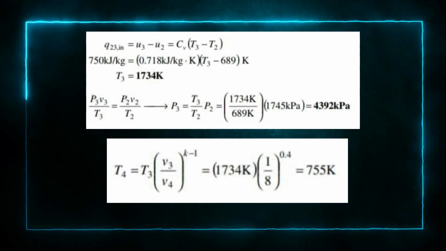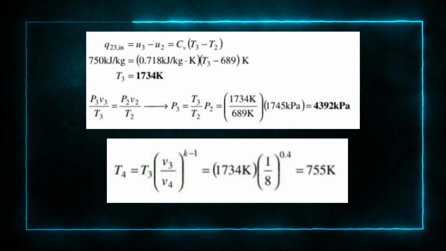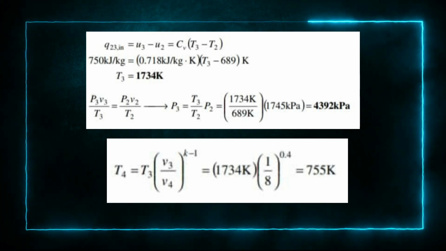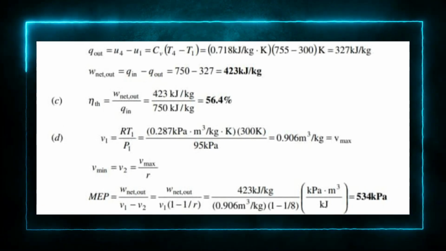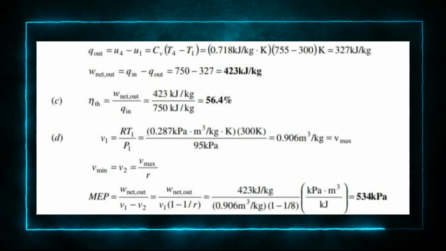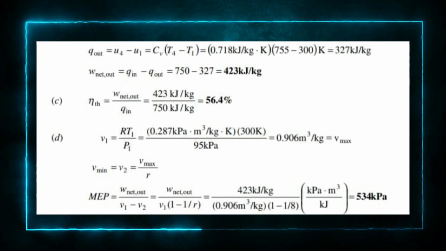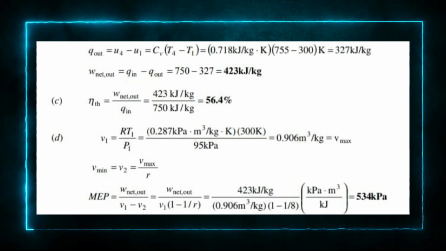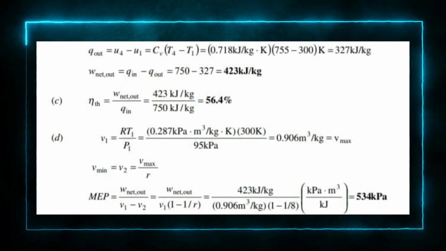Next is T4. We substitute the values to 1734 K times 1 over 8 raised to 0.4, and it equals 755 K. For the heat rejection, we substitute the values into 0.718 times 755 minus 300, and it equals 327 kJ per kg.